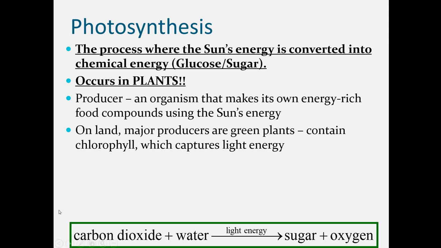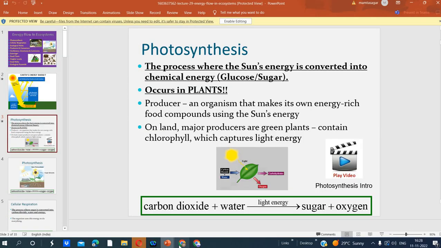In the reaction shown at the bottom, you can see carbon dioxide is mixed with water. In the presence of light energy, sunlight energy, they produce sugar and oxygen. Carbon dioxide is exhaled by animals into the environment.